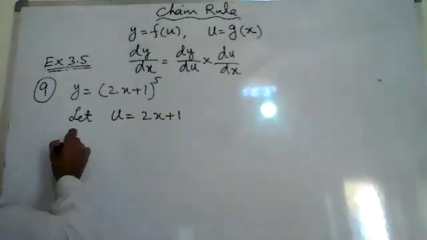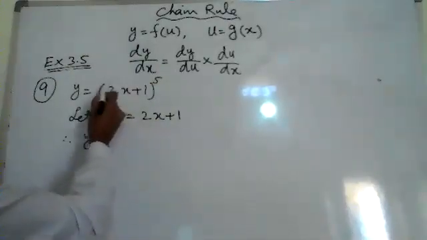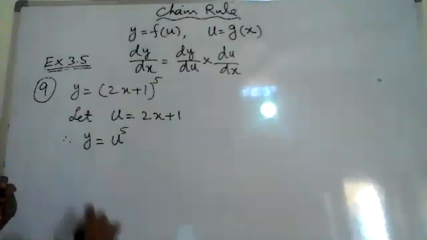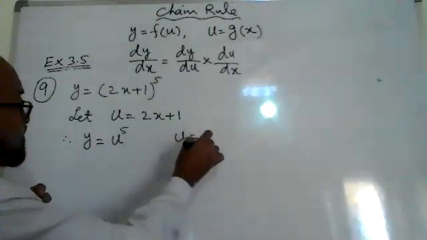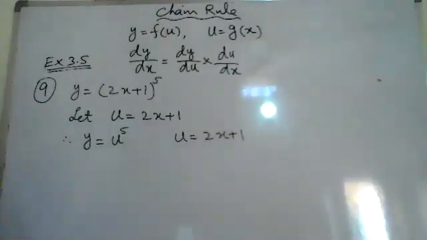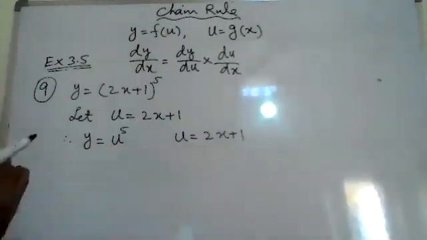So therefore y will become u raised to power 5 and u is equal to 2x plus 1. Now y is a function of u and u is a function of x.